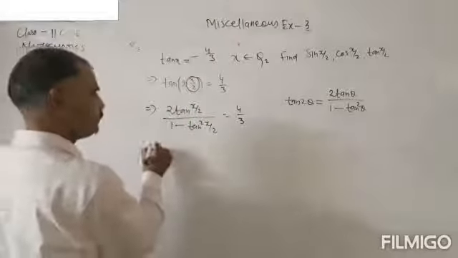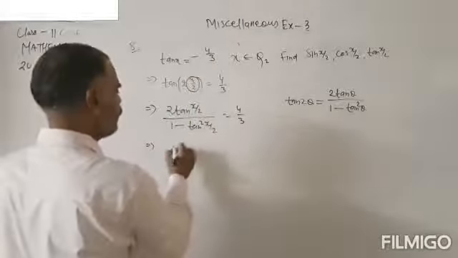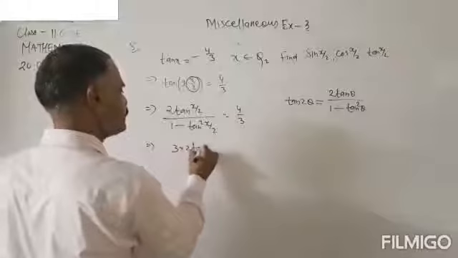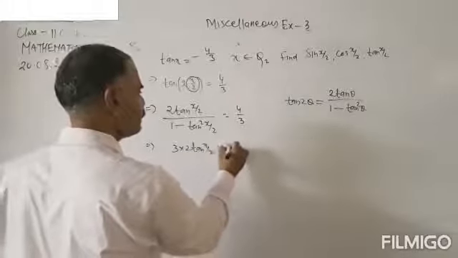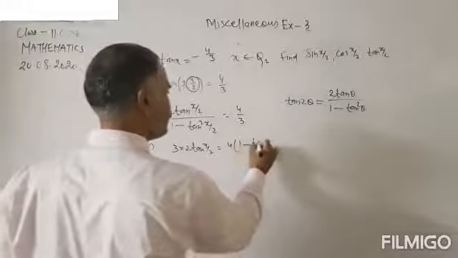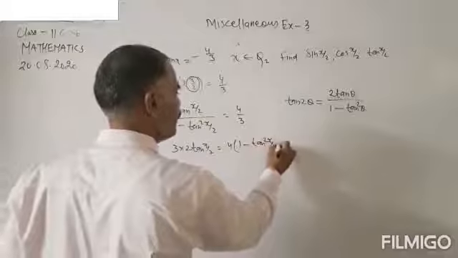So 3 will multiply by 2 tan x by 2 and 4 will multiply by 1 minus tan square x by 2.